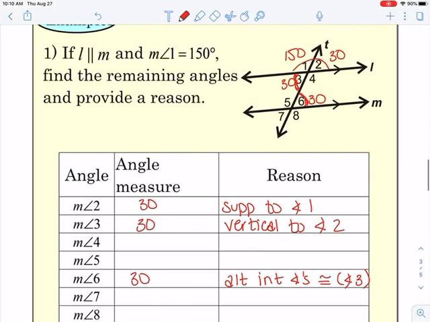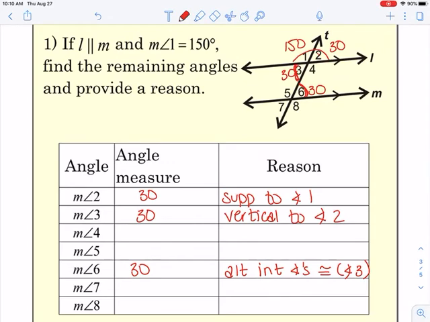How about we do a pair of alternate exterior angles here? So for alternate exterior angles, how about we want to find the measure of angle 8? Okay, so angle 8 is on the outside of the sandwich, so it's exterior. So if I want on the top side, on the outside of the sandwich, I have to use either 1 or 2. And again, it has to be on the opposite side of the transversal.